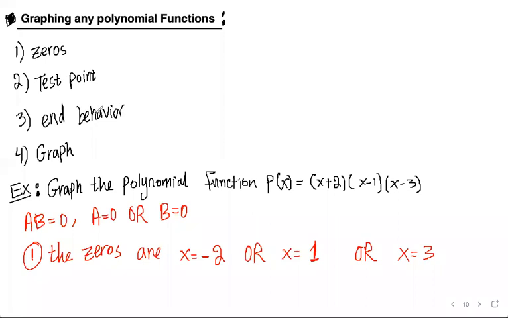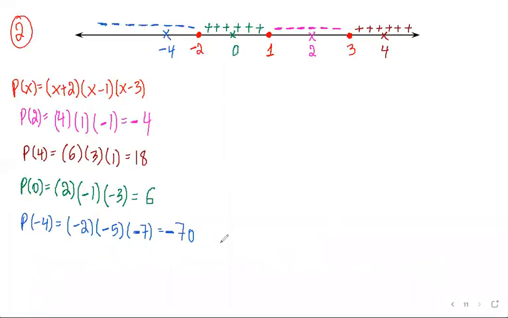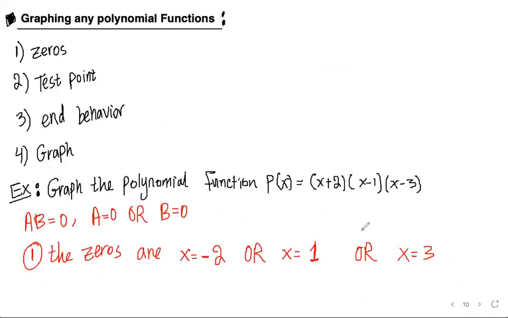Third one is the end behavior. The degree for this one is 3, and the leading coefficient, x times x times x is x cubed, is 1. After you multiply the parentheses, the leading coefficient will be 1.